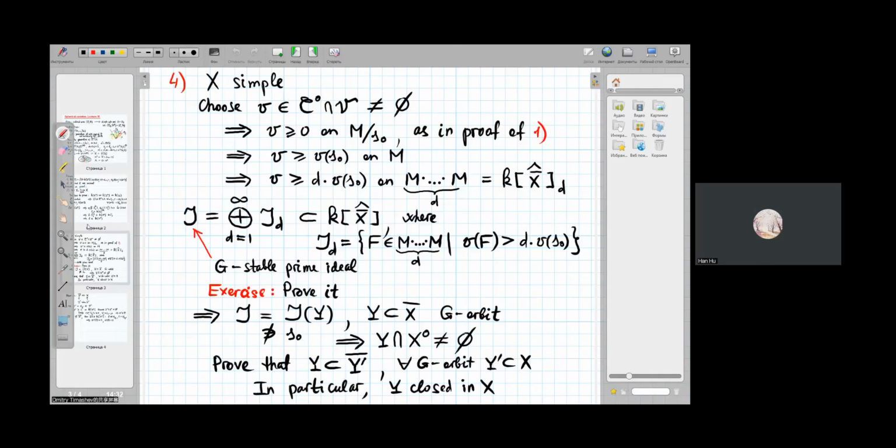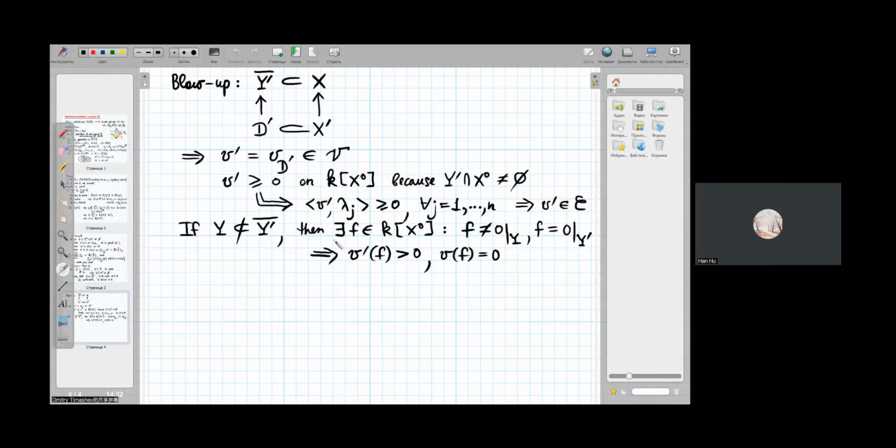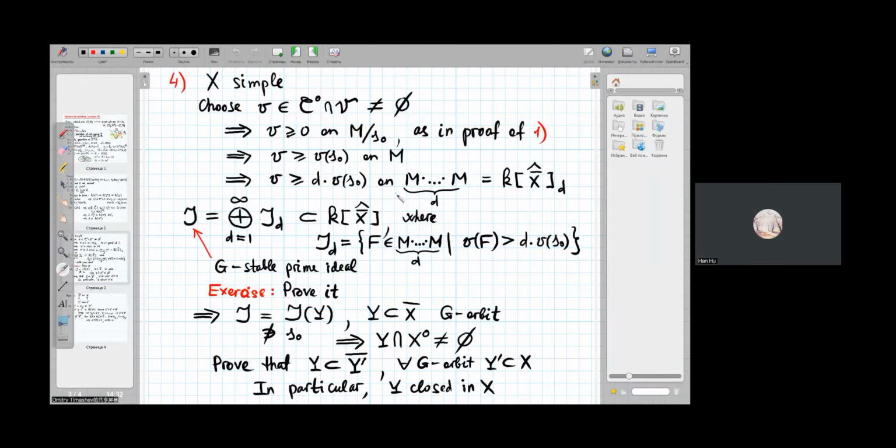And using this V, we define the orbit Y. So we define this ideal first, and then we define the orbit Y as the orbit defined by this ideal. So I is just the vanishing ideal of this orbit. And since f does not vanish on Y identically, it does not belong to the vanishing ideal script I. And this exactly means that the inequality here turns to an equality. The inequality is not strict. It turns to an equality.